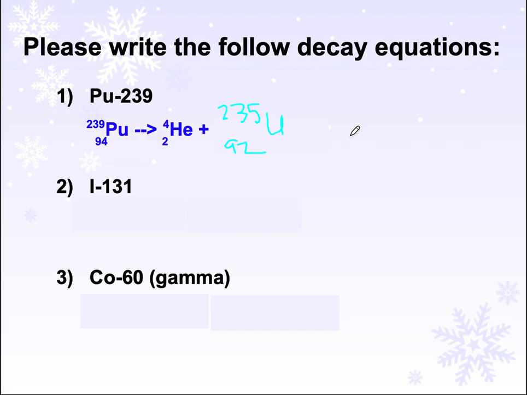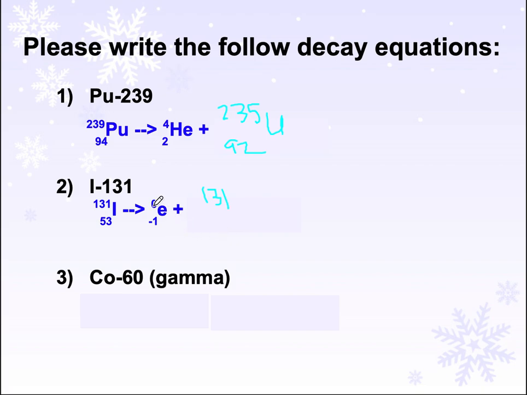Iodine-131, again, go to table N, see what iodine-131 breaks down via. It breaks down via beta decay, which means we have iodine on the left, again, the 53 is the atomic number, breaking down to e 0 negative 1, and we have to find out the missing pieces. Well, the top number is easy because it's just going to be 131.